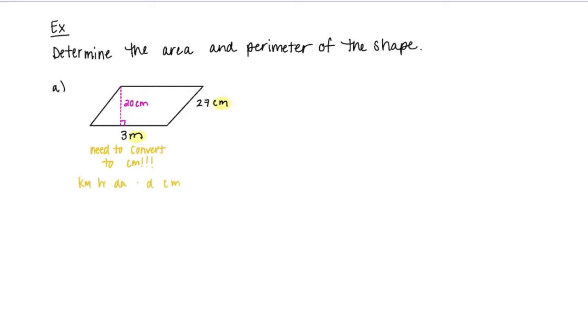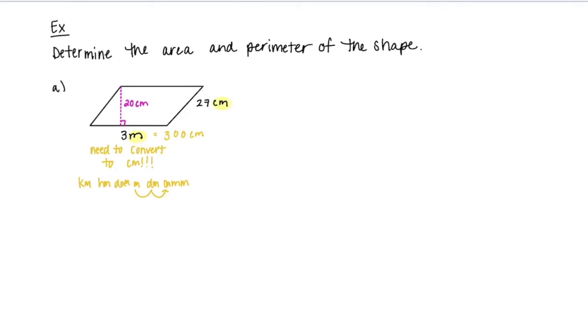And then we're dealing with meters, so put an M next to everything. We are starting here at meters and we want to go to centimeters. So I have to move my decimal 2 places to the right. So moving that 2 to the right gives you 1, 2. This bottom side is 300 centimeters.